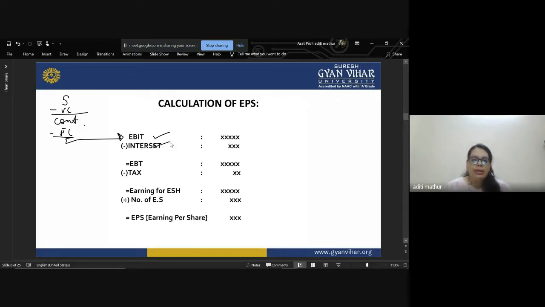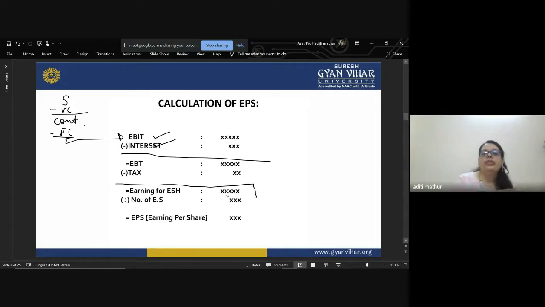After paying your interest, you get EBT, which is earnings before tax. Then on this EBT, you deduct the tax amount and you get earnings for equity shareholders. This is when you have no preference share, right?